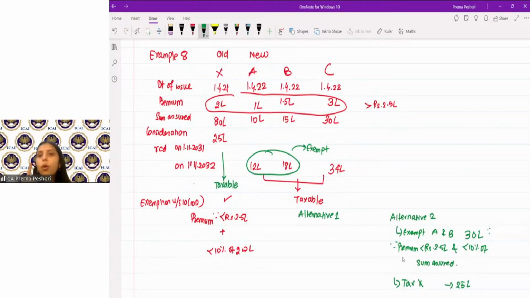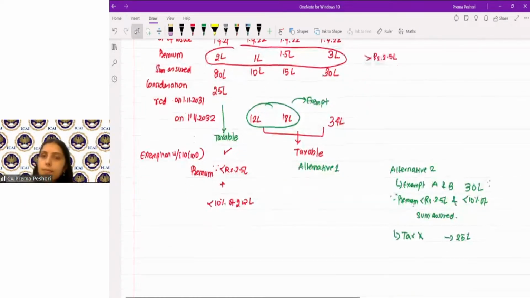So in case you want, you can exempt these two and tax X and tax C. C any which way will be taxable, right? But in case you want, you can exempt X. In case you want, you exempt A and B. This is what the CBDT circular provides for the alternative treatment.